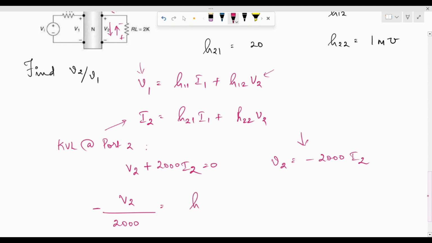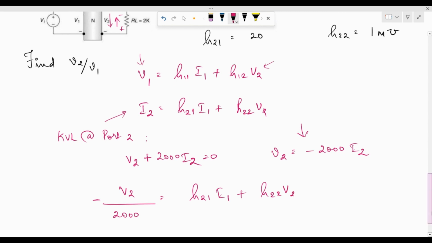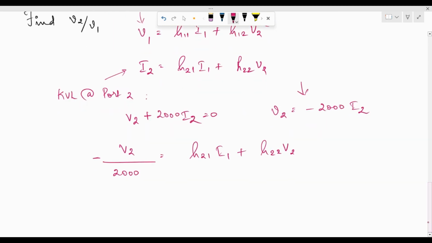This is equal to H21 I1 plus H22 V2. So let me take this V2 term to the other side. What I get here is minus of V2 into 1 by 2000 plus H22, and this is equal to H21 I1.